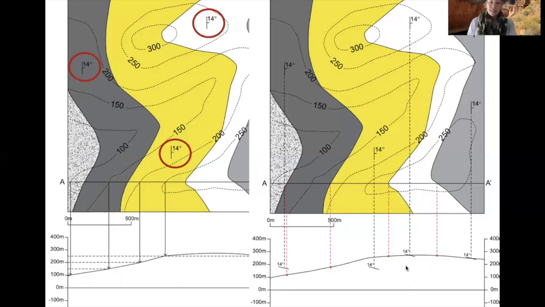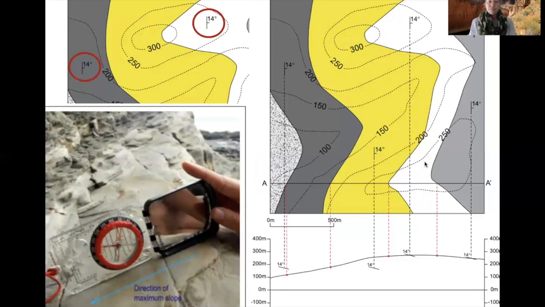Because what that tells us is that it's likely each of these rock layers are all dipping parallel and 14 degrees. So just to remind you again, on this diagram, you can see that dip direction. You can also see these rock layers, that they are all parallel in this photograph.